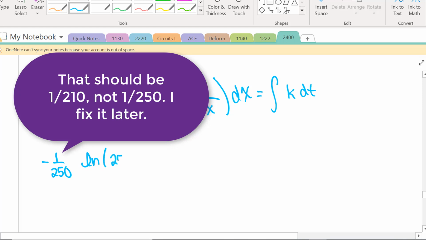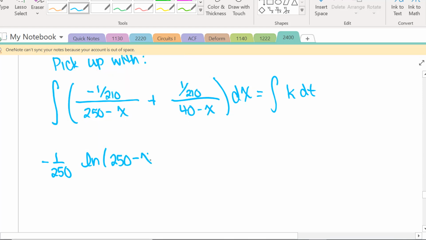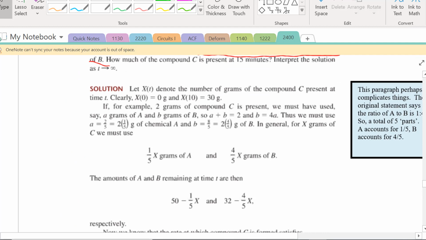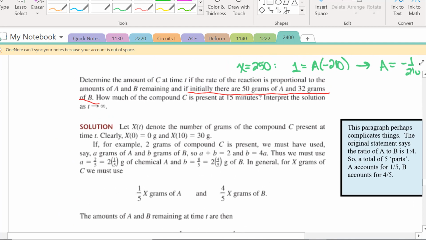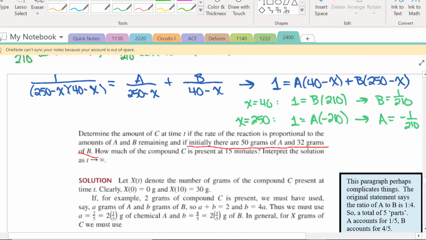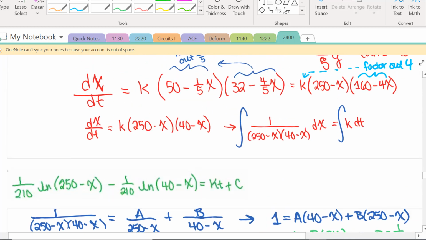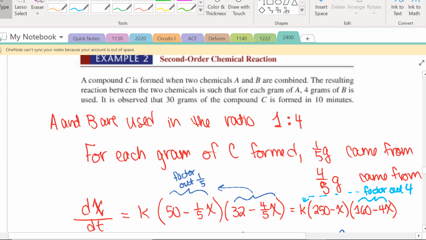I'll explain why here. So remember, there were 32 grams of B and 50 grams of A. So could we use all 50 grams of A? Well, remember, they're in the ratio 1 to 4. So if I use 50 grams of A, I have to use 4 times that of B, which would be 200 grams.